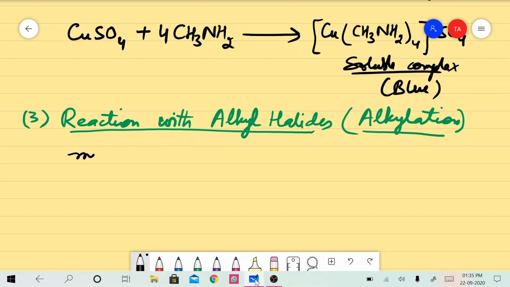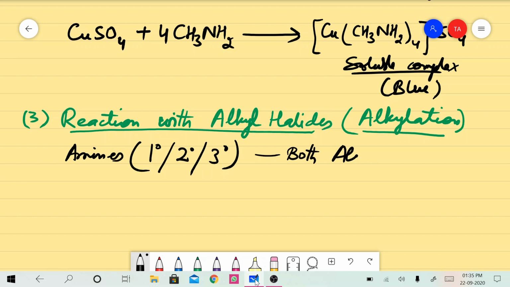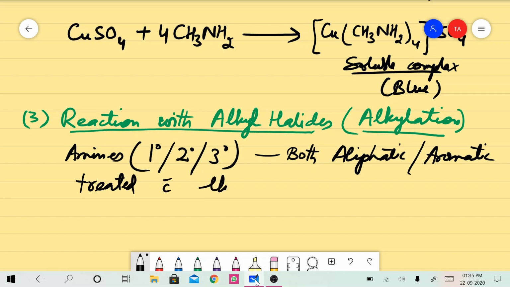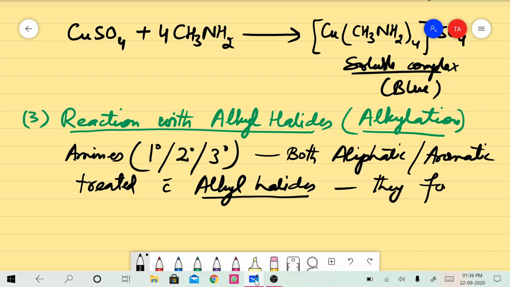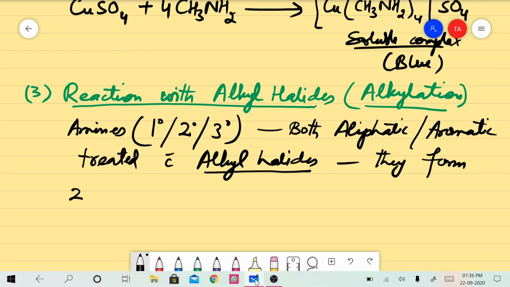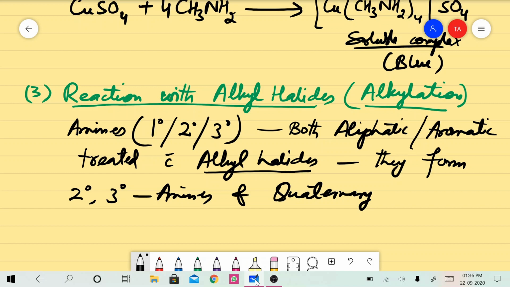When amines, primary or secondary or tertiary, which may be both aliphatic and aromatic, when they are treated with alkyl halides, they form secondary, tertiary amines and quaternary ammonium salts respectively.